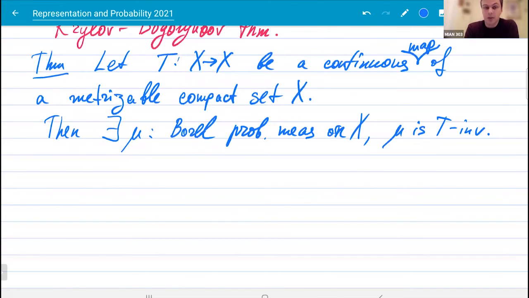The idea is the following: the set of continuous functions on this X is separable. Proof. So C of X is separable.